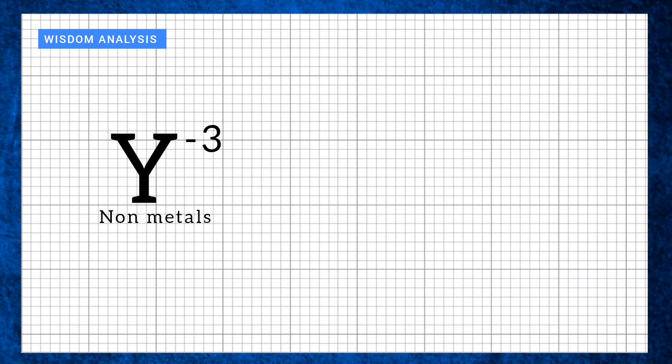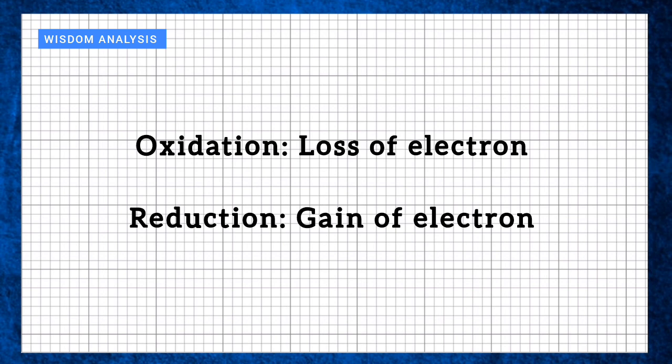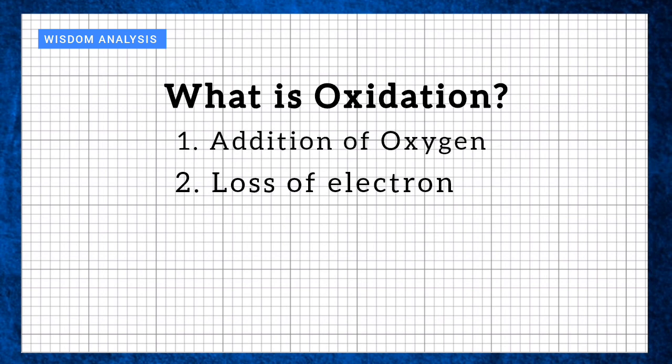So the more it is accepting electron, the more the oxidation number is what? Reducing. So we call this reduction. So oxidation is the loss of electron, and reduction is what? The gain of electron.